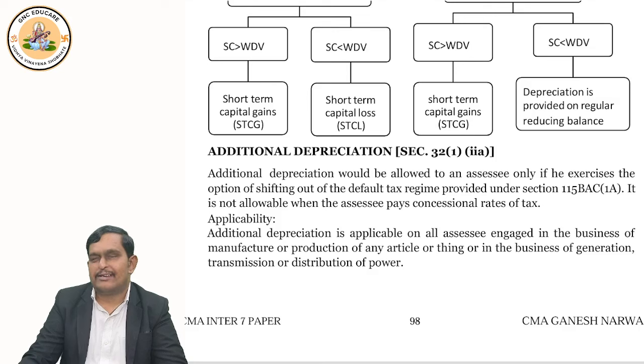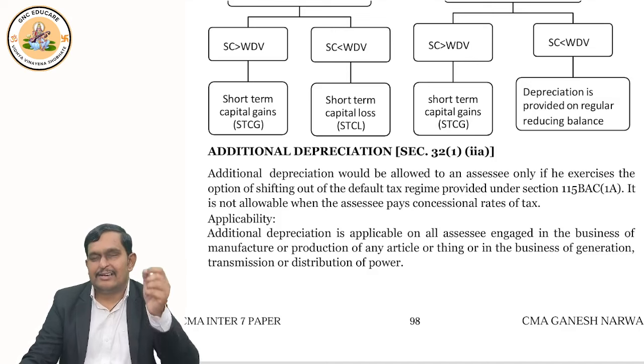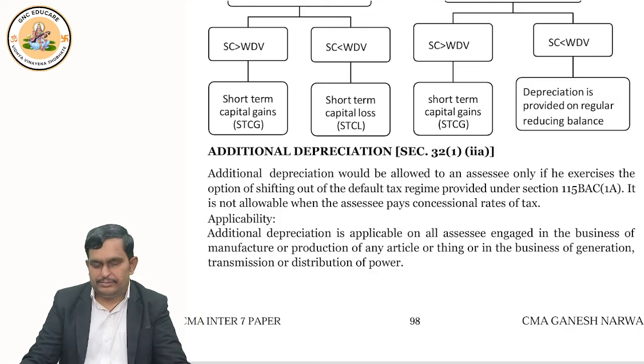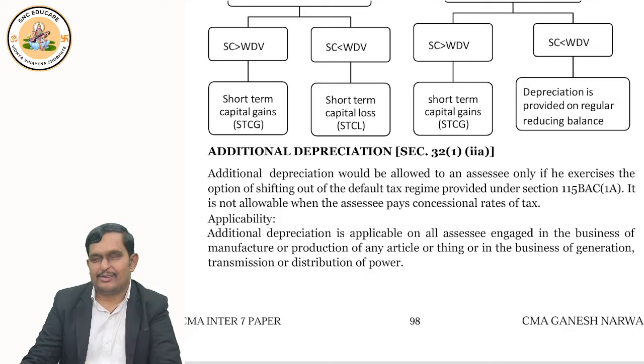Suppose Adani Power, Reliance Power want to claim additional depreciation. Can they claim? The answer is yes, because the second point supports here. What is it? If the assessee is engaged in generation, transmission, distribution of power, electricity, then definitely they can also claim additional depreciation.